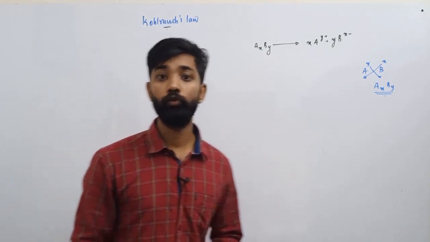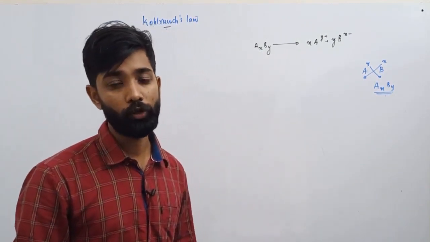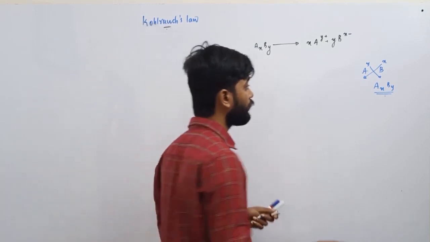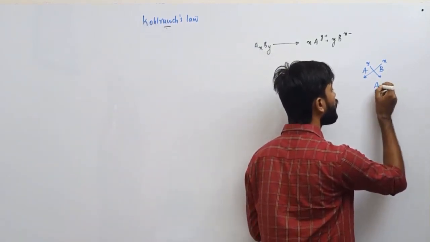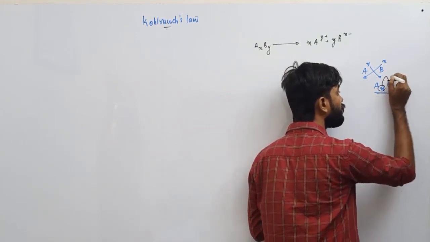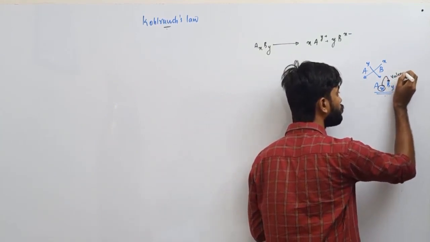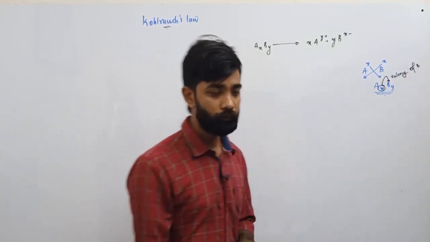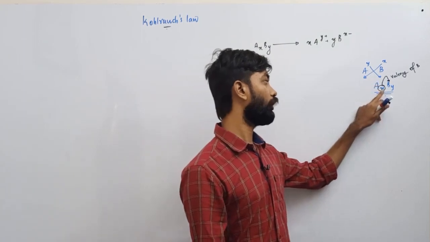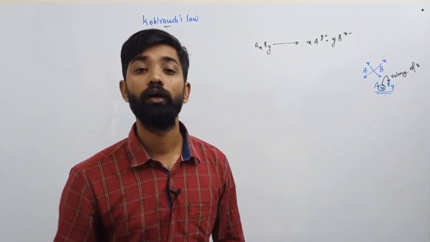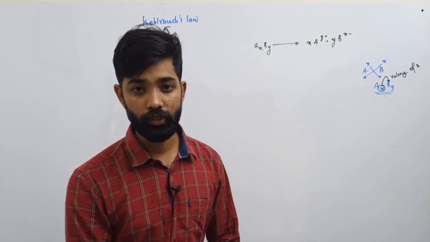I think you are familiar with formulating the chemical formula for a molecule using valency, right? So it is clear that if I have a compound like AxBy, the x term indicates the valency of the opposite component.